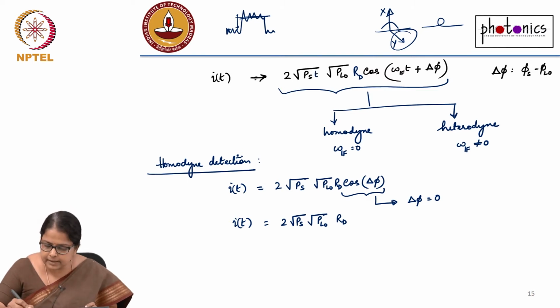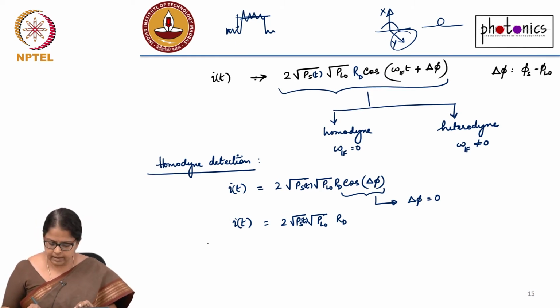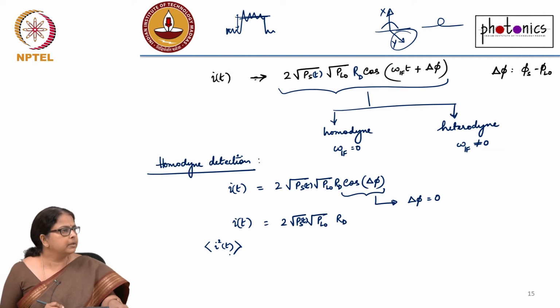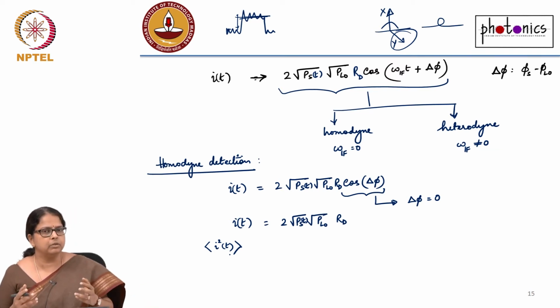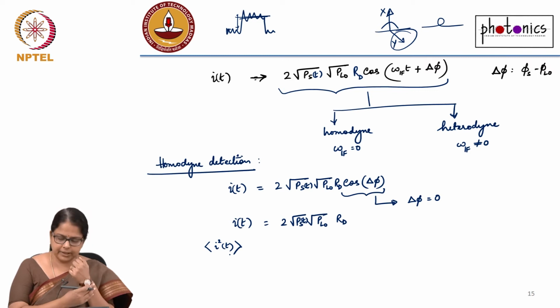And of course, this PS is having your modulation. So, what matters as far as the power is concerned is the average value of signal power. Signal power is proportional to the square of the average current.